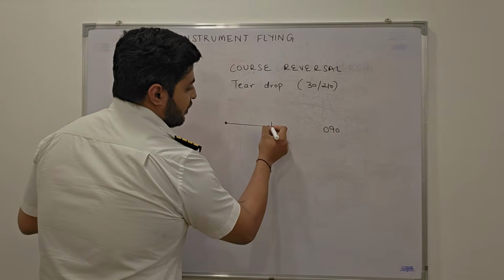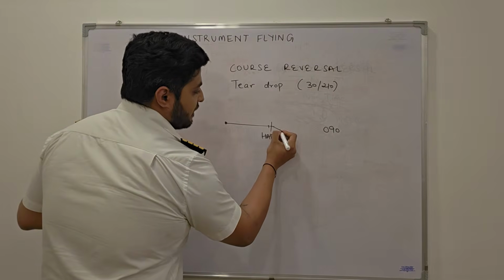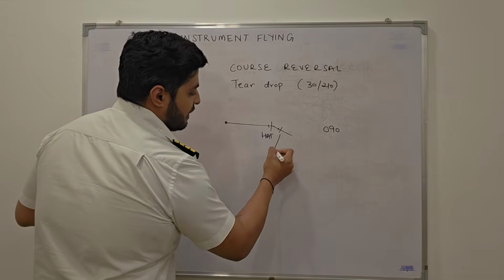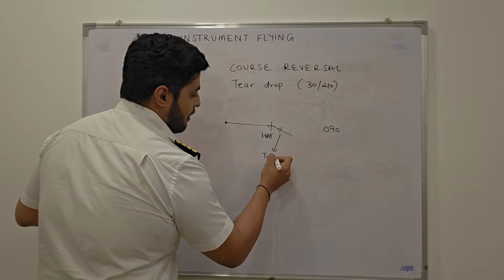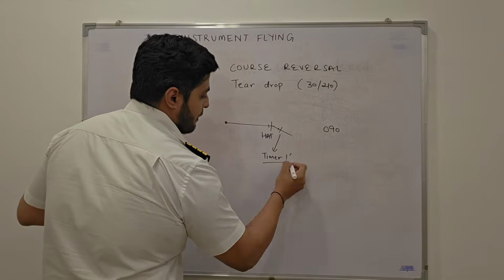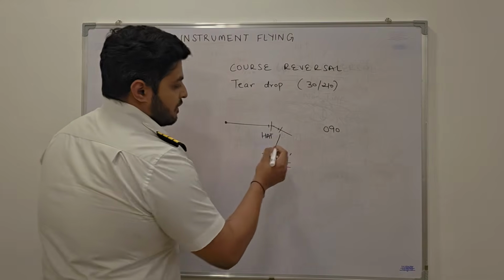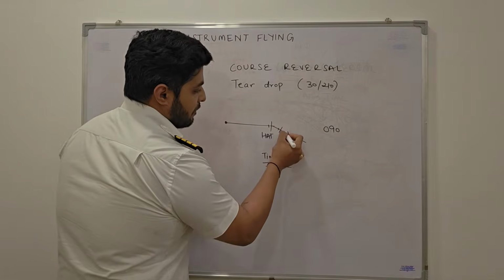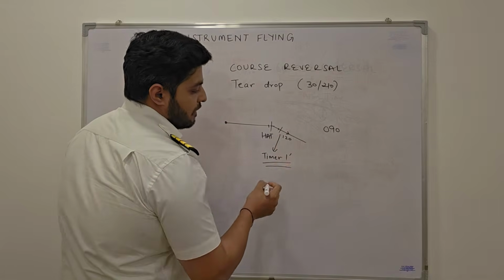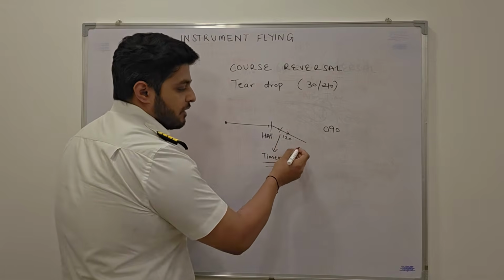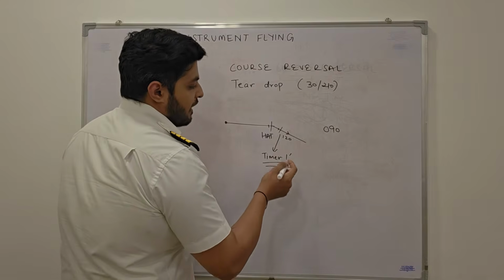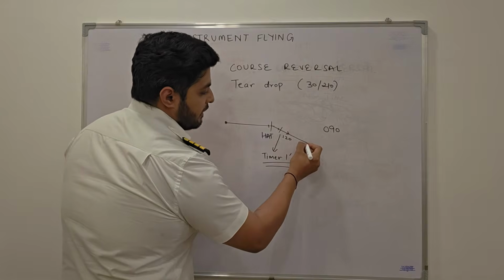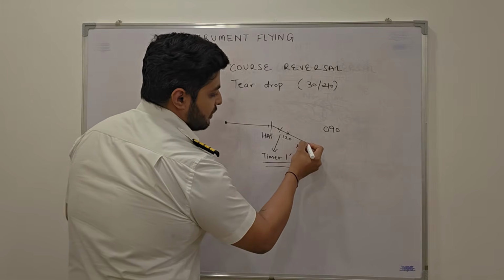I'll turn right on 120. As soon as I roll out and get my wings level on heading 120, I'll start my timer for 1 minute. Continuing on this heading for 1 minute, 10 seconds prior to that means approaching 50 seconds, I'll again do my hat checks, and then at 1 minute I'll turn to the opposite direction.